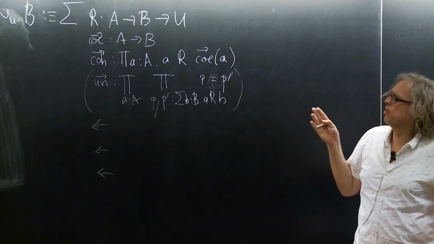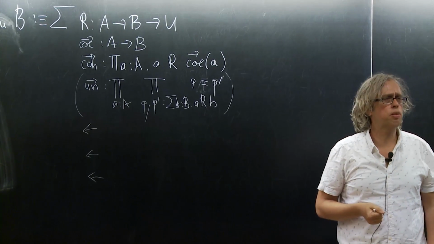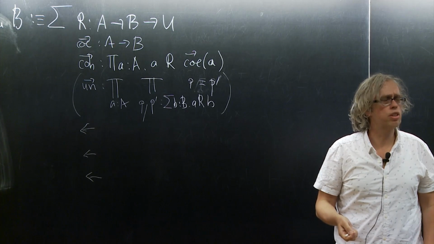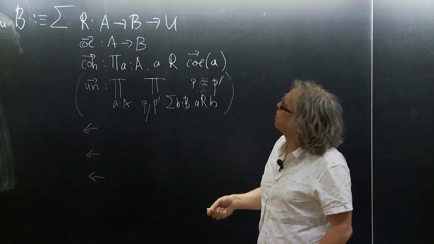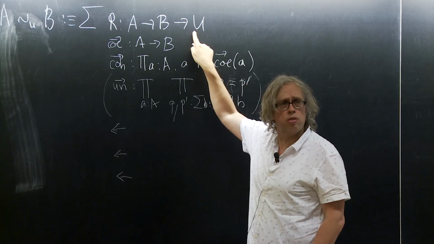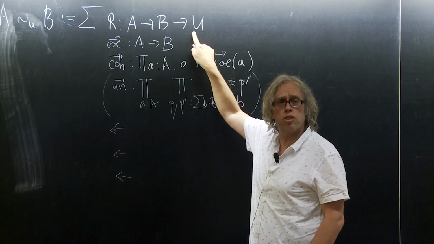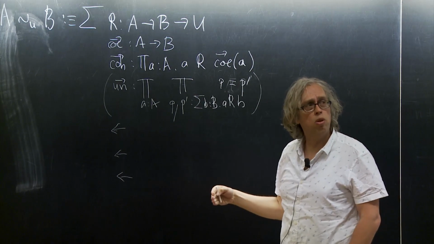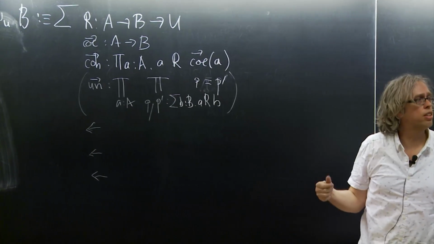So this definition of equivalence of types is equivalent to the usual definition. It is actually a bit bigger because here, if you keep track of the universe indices, you see that the usual definition of equivalence, which you find in the HoTT book, is one universe lower than this one.